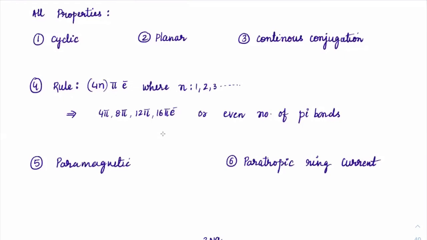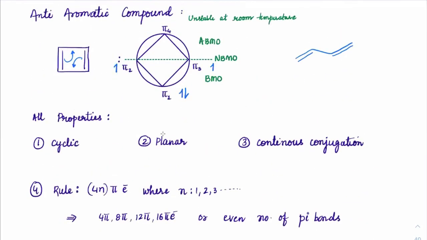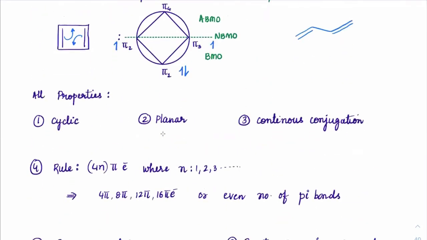And you can see it has two unpaired electrons, so its nature would be paramagnetic. And it has a ring current, which means it is a continuous conjugation, hence we can call it a paratropic ring current also. Aromatic compounds are diatropic, anti-aromatic compounds have paratropic ring currents.